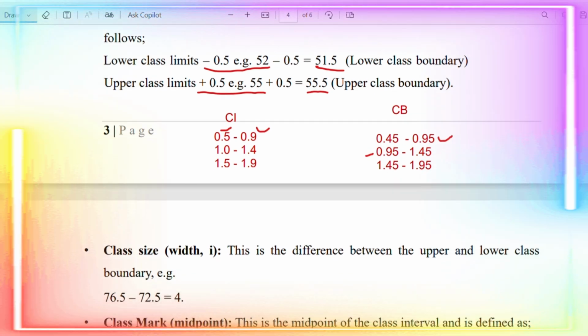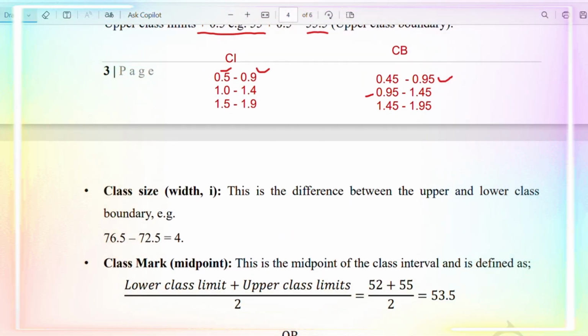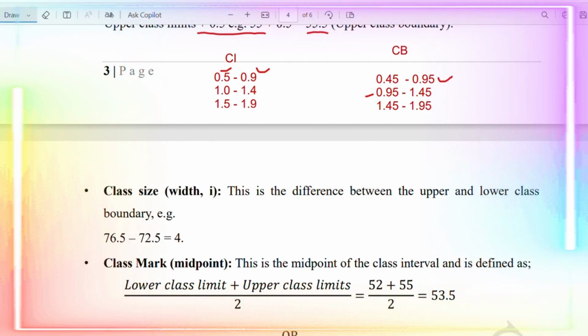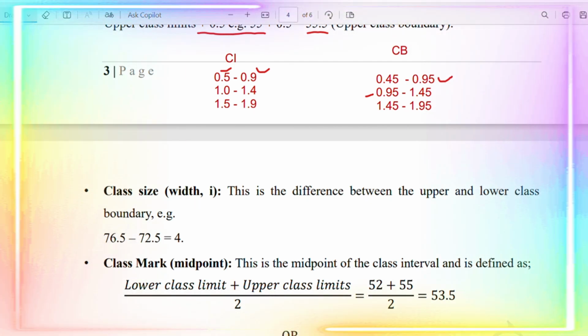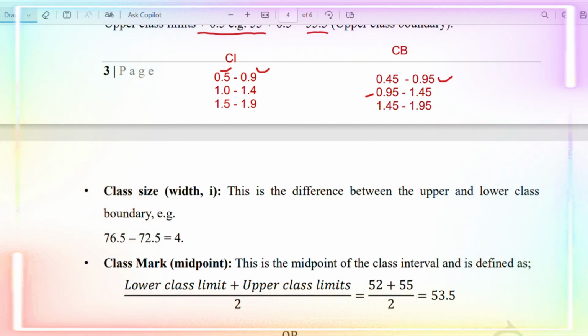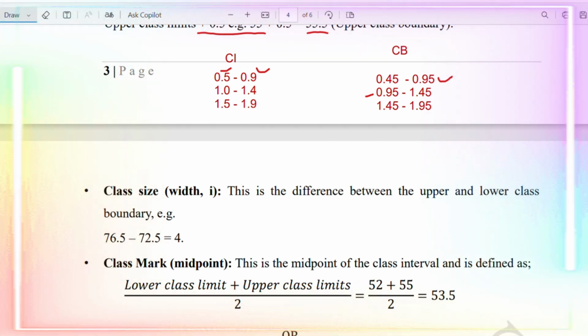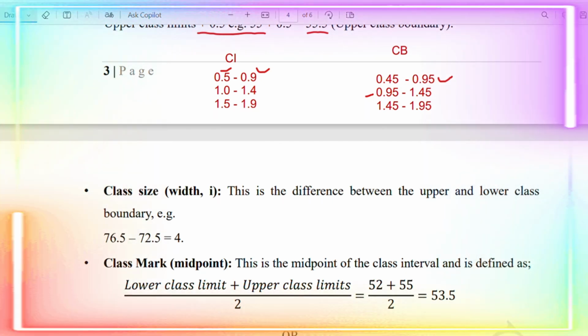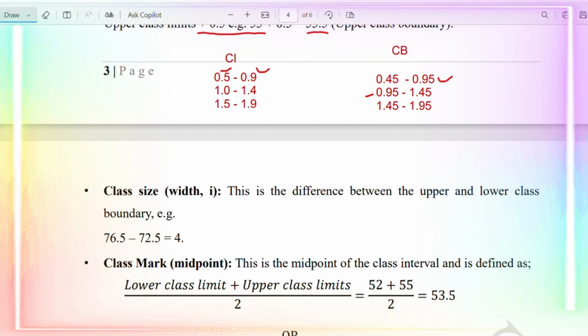Now, the next thing to discuss here is the class size. In some literature we refer to it as class width. So it's the same thing we are talking about. This is the difference between the upper and the lower class boundary. So to get the class size, you find the difference between the lower and upper class boundary.